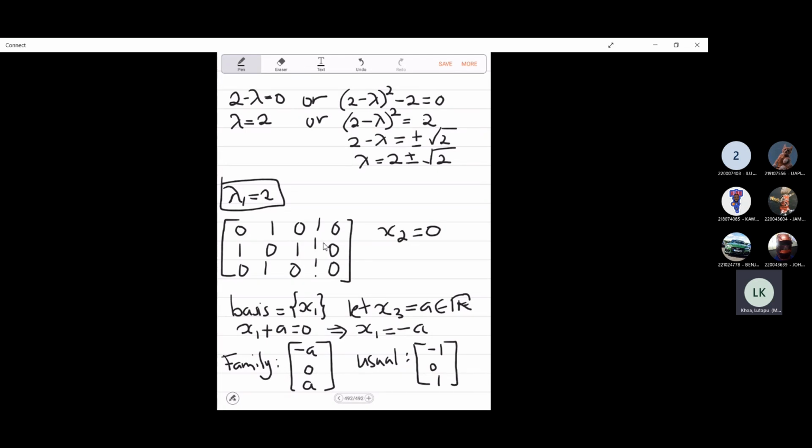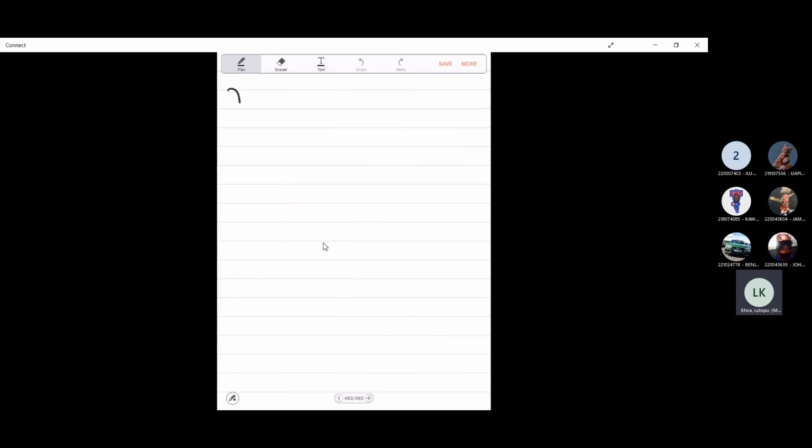Okay, then I would do the same thing when lambda is 2 plus the square root of 2. So this is lambda 2, just 2 plus the square root of 2, and then substitute it into your matrix.